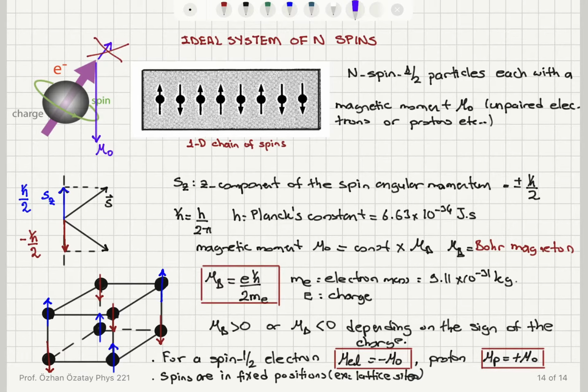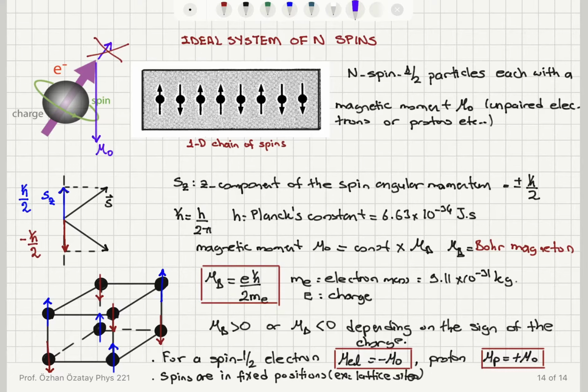So you don't consider the component on the spin angular momentum vector, but we always consider the component on the z-axis. And what defines z-axis, you may ask? It's the axis on which we apply an external magnetic field, actually. Okay.